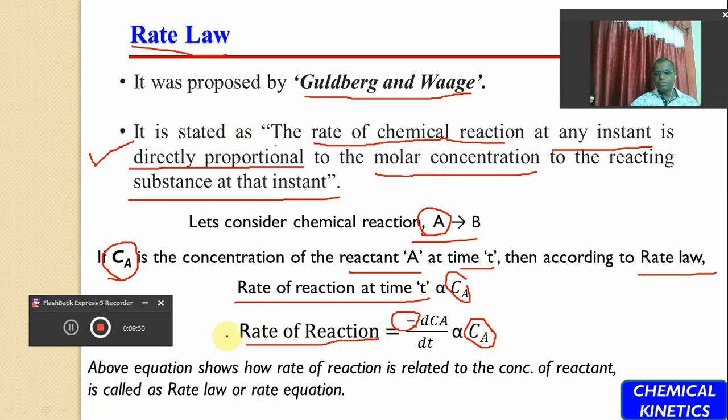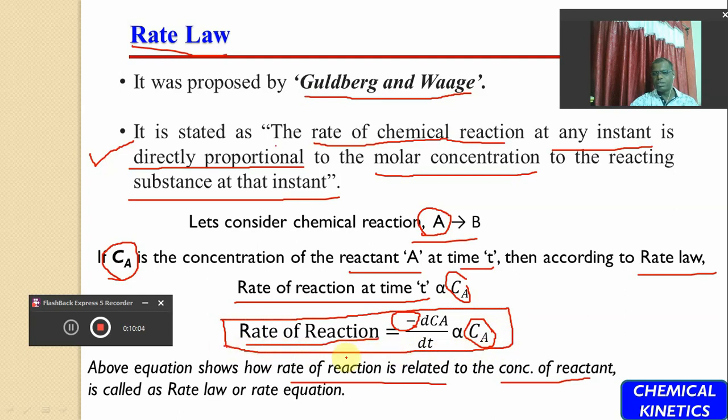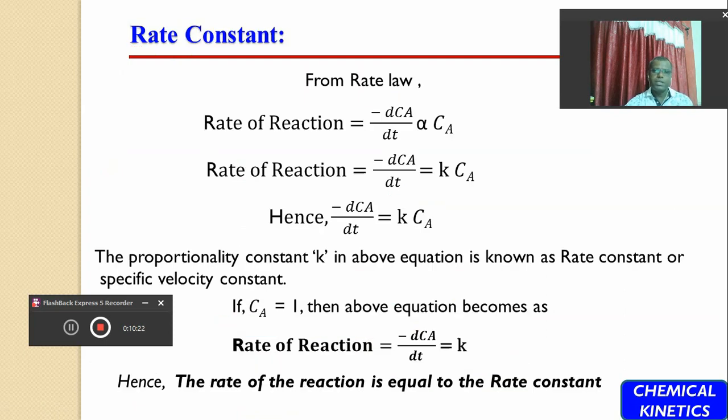So this equation shows how the rate of reaction is related to the concentration of reactant, and this equation is called the rate law, or simply the rate equation.